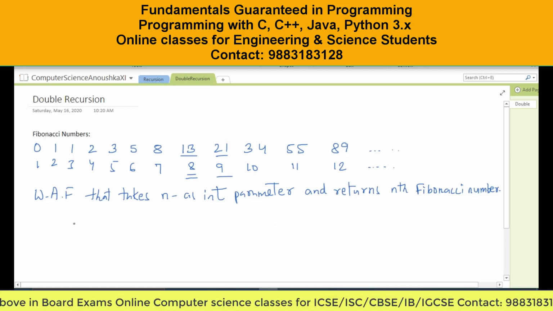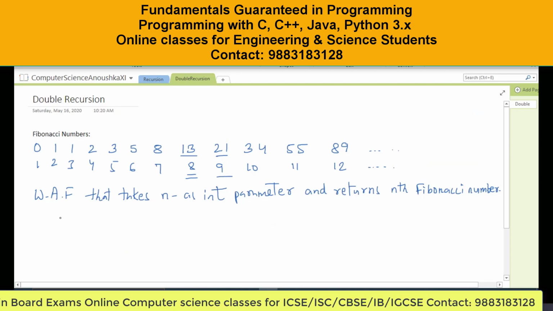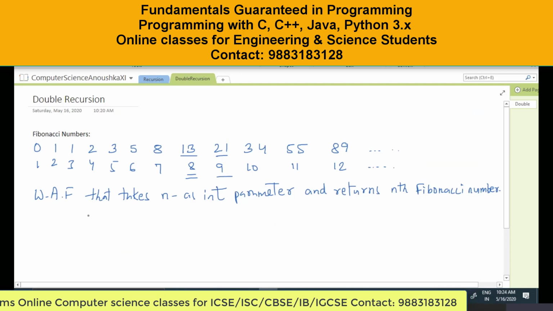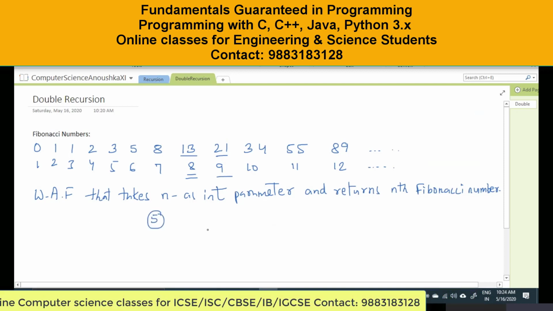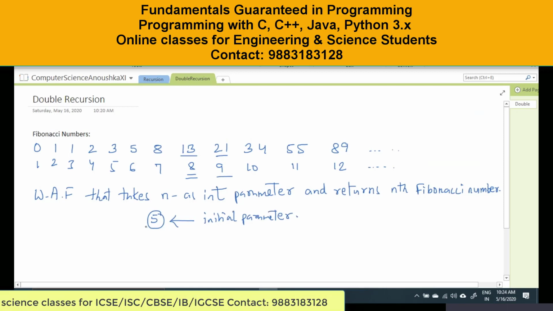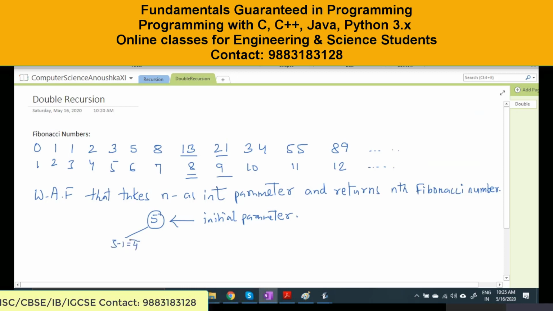So what we do here, for example, if the user has entered 5. This is the initial parameter. So the next value of 5 is 5 minus 1, which is equal to 4, right?